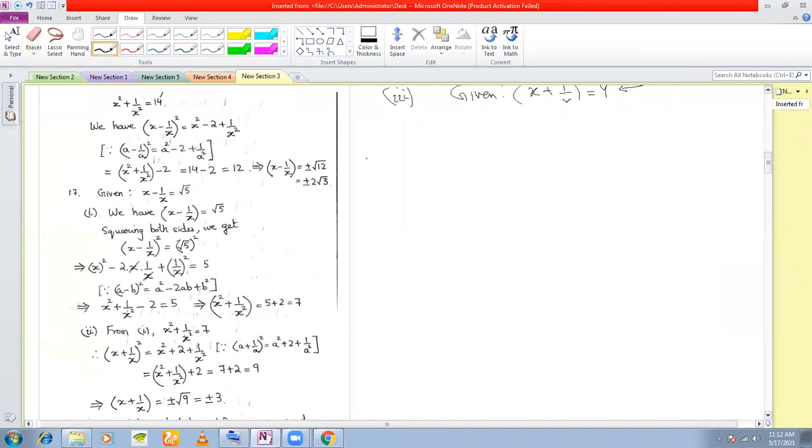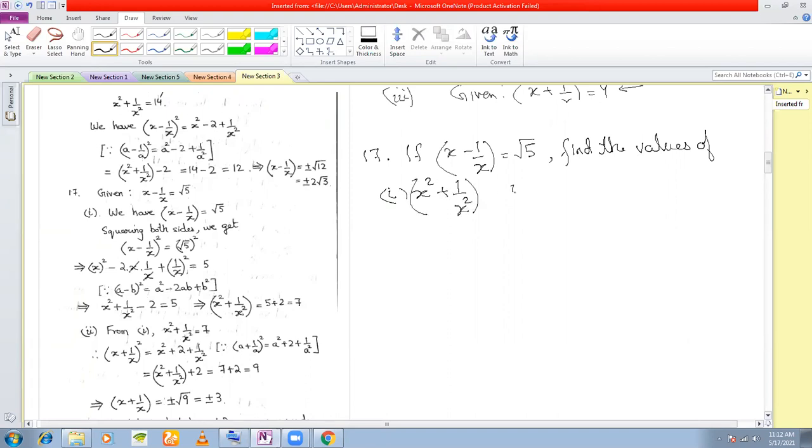Question number 17 here is, if x minus 1 by x is equal to root 5, find the values of: first, x square plus 1 by x square; second, x plus 1 by x; and third, x cube plus 1 by x cube.